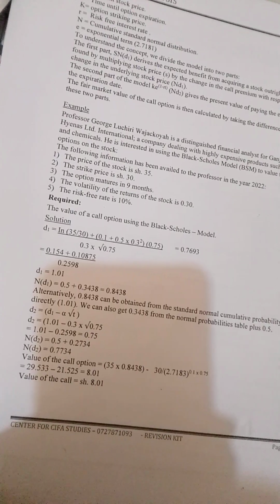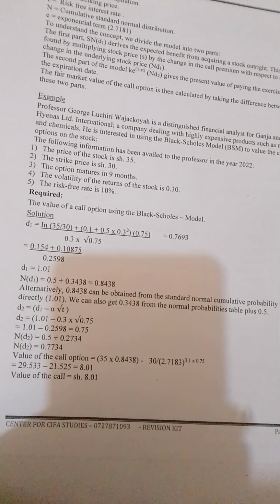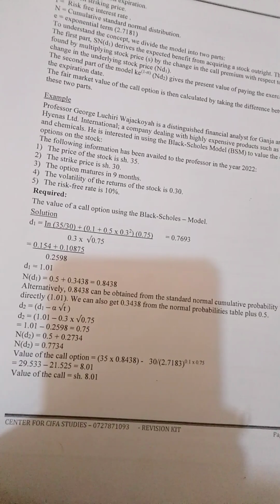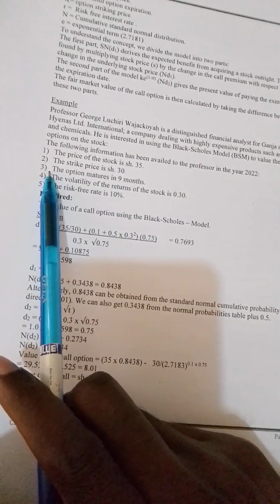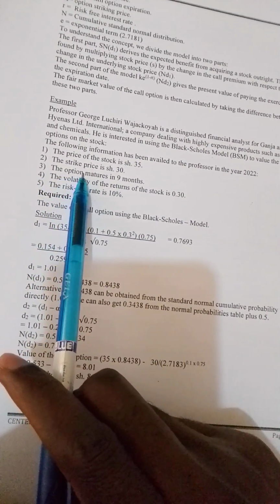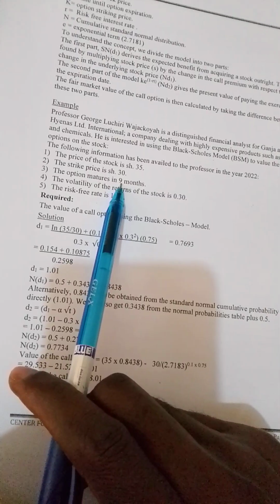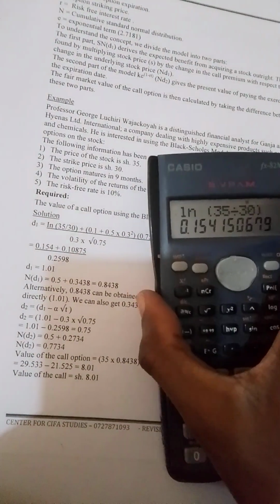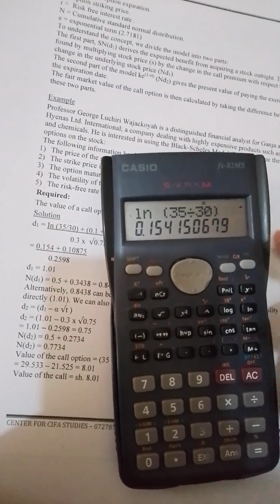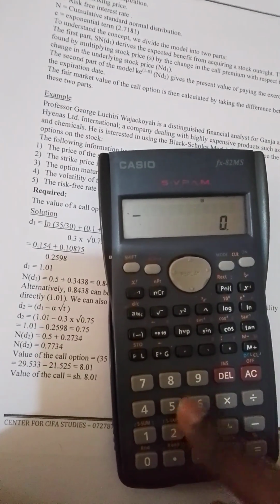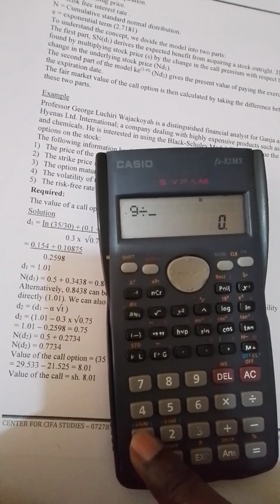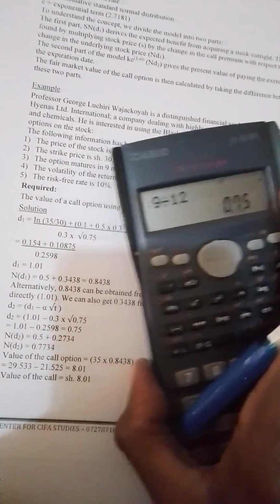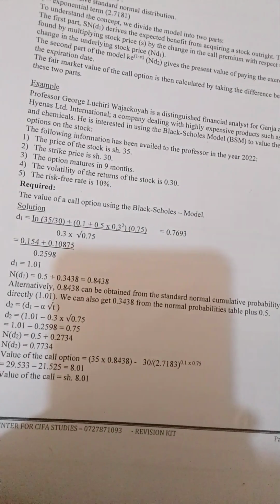Now you have 9 months. Point number 3 here, you are told the option matures in 9 months. So you take 9 months divided by 12, you get 0.75.